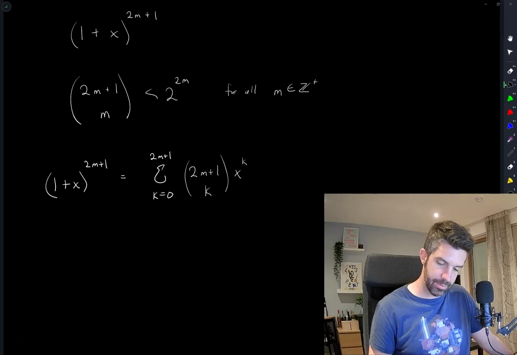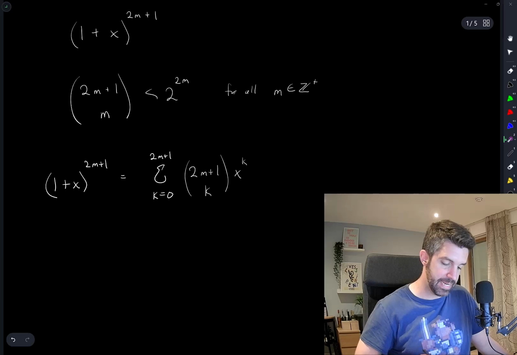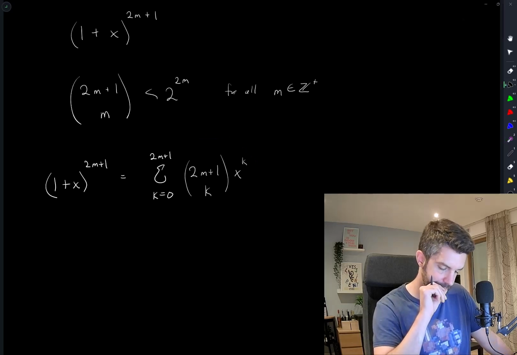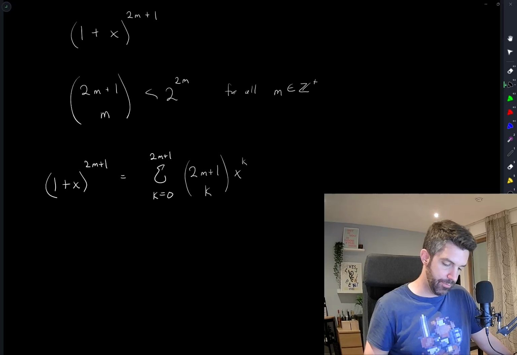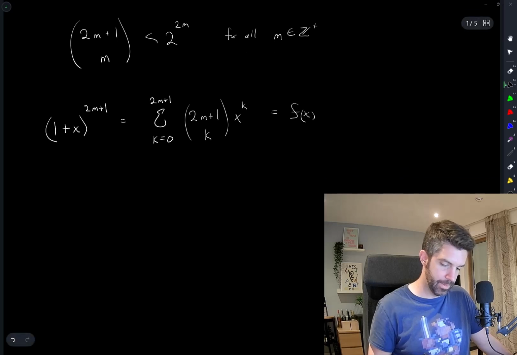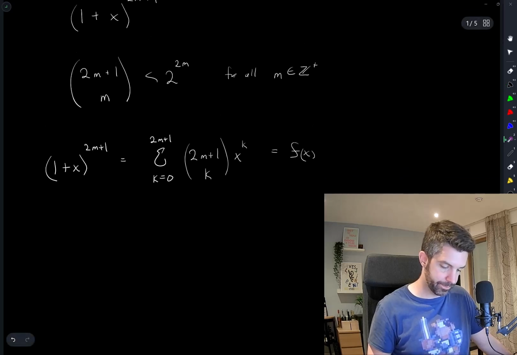I might even be tempted to take derivatives of this thing at some point. Right? Because if I call this f(x), then I know f(0) is equal to 1.